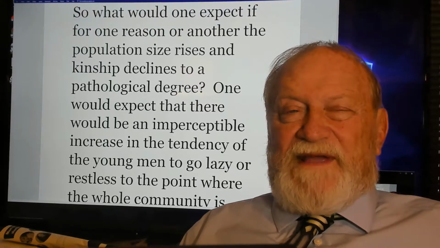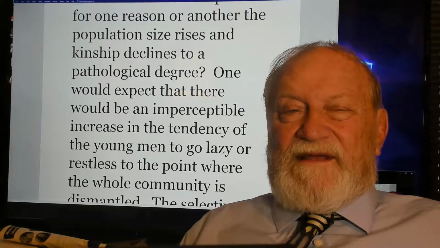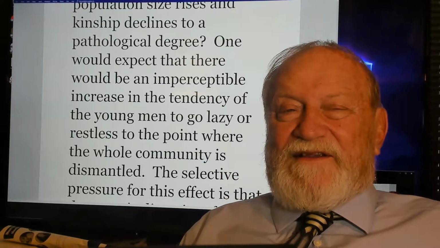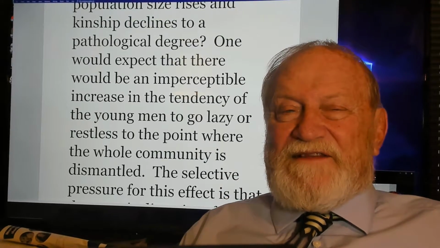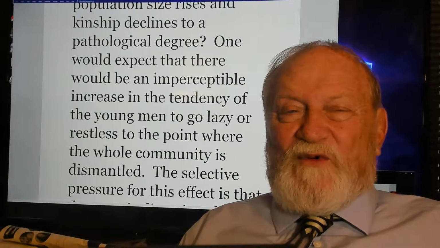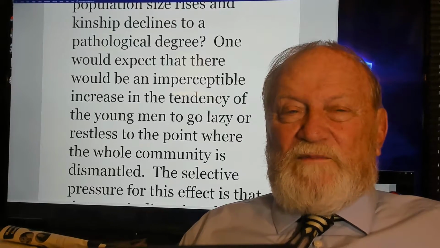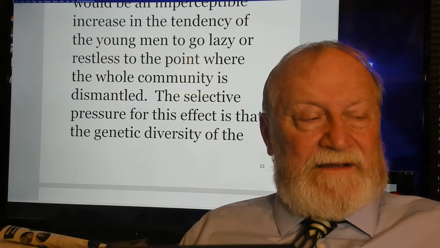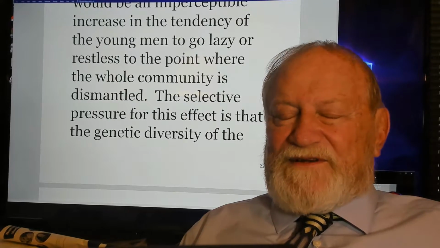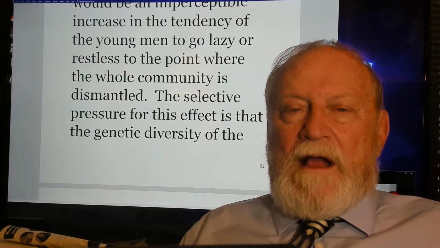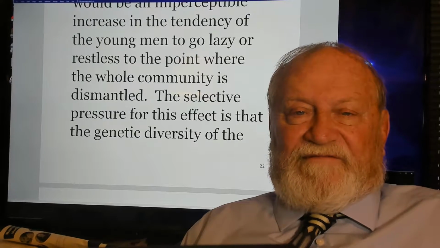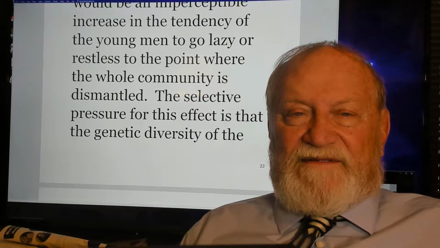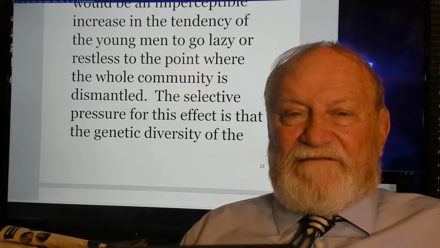First thing you'd expect would be an imperceptible increase in the tendency of the young man to go lazy or restless to the point where the whole community is dismantled. You can handle some of those, it'll tweak your population a bit, but if almost everybody does it, then the community cannot survive.